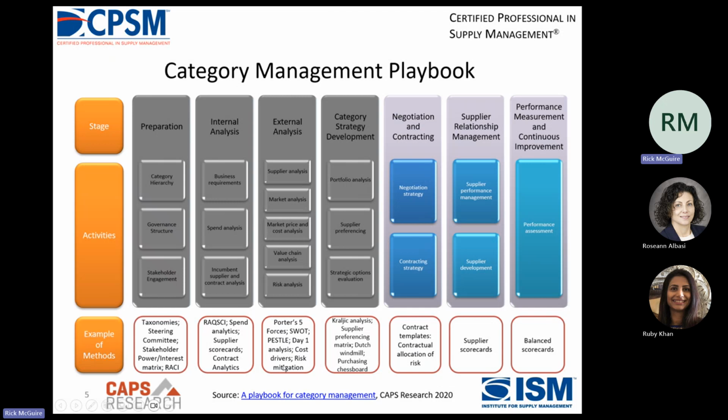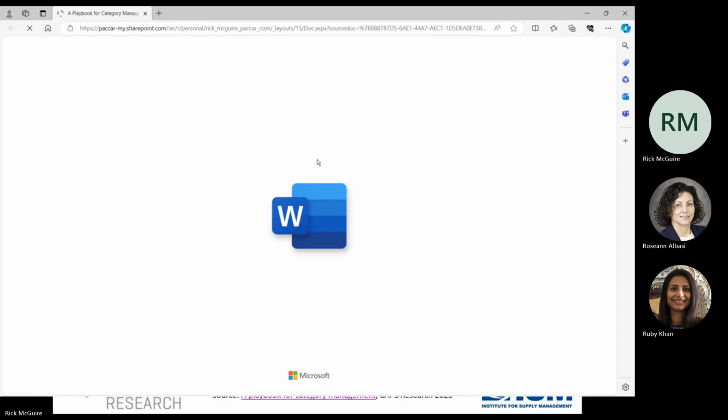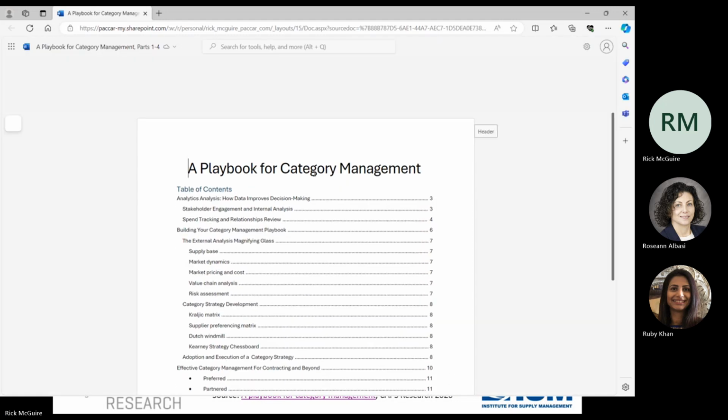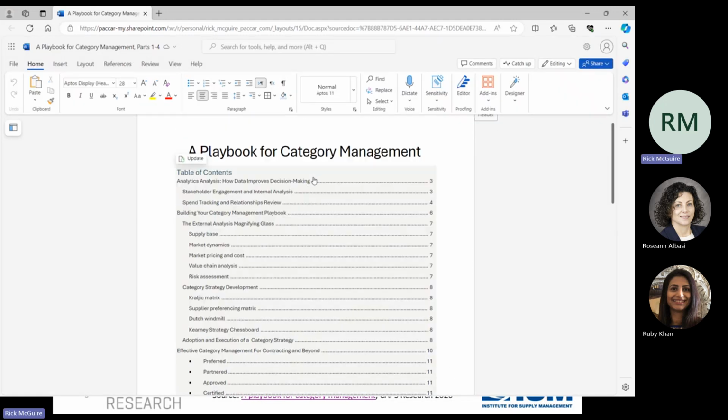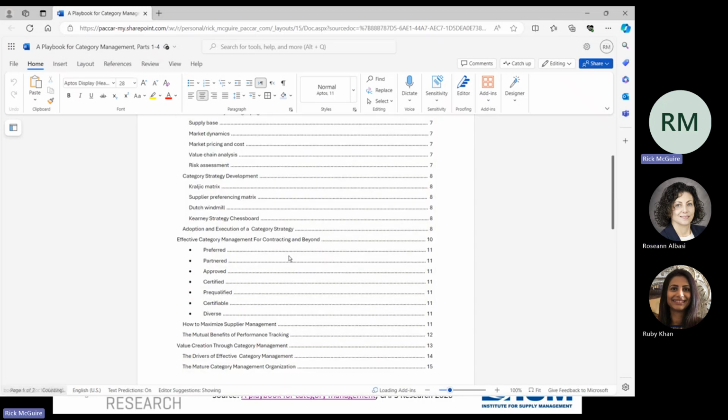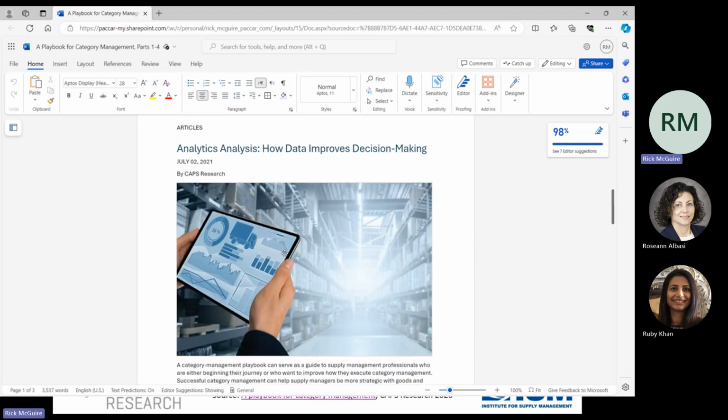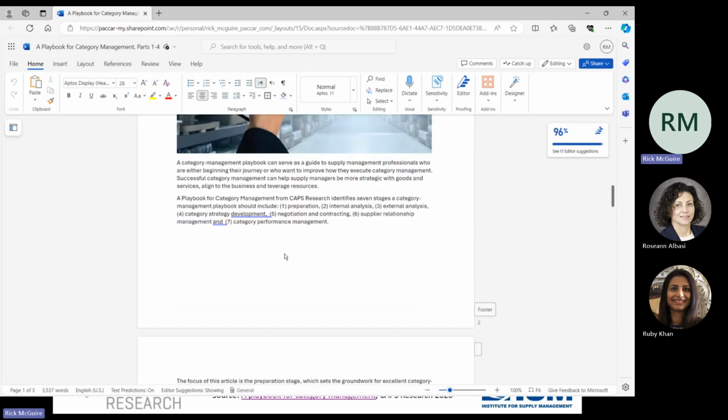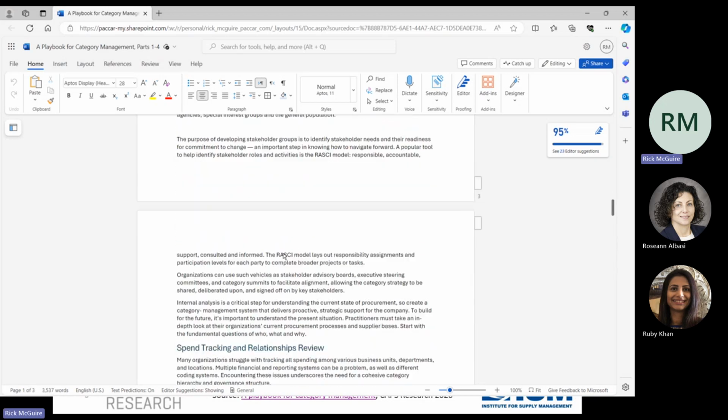All right, so here's our category management playbook that implements our category management process. If you want to know more, ISM has written a series of articles here. I think it's a series of 4 articles, and this is kind of what it's about. Table of contents, I just ran them all together. But each one is 3 or 4 pages long.